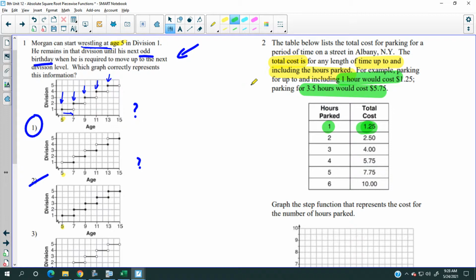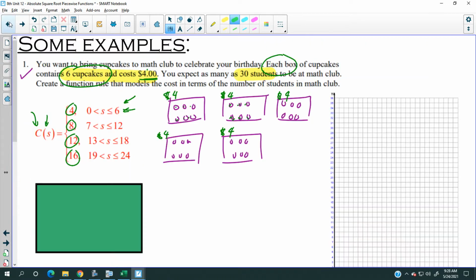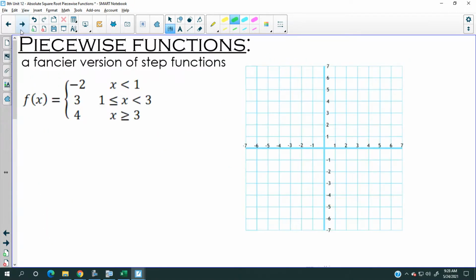Even with the cupcake one, you can't break the boxes in half and feed a certain amount of people, because you can only buy it by the box. Therefore, the graph is a list of steps. It's not continuous. You can't buy 3.5 boxes. They're simply not going to do that for you. Think of it like that. That's why it's not continuous.